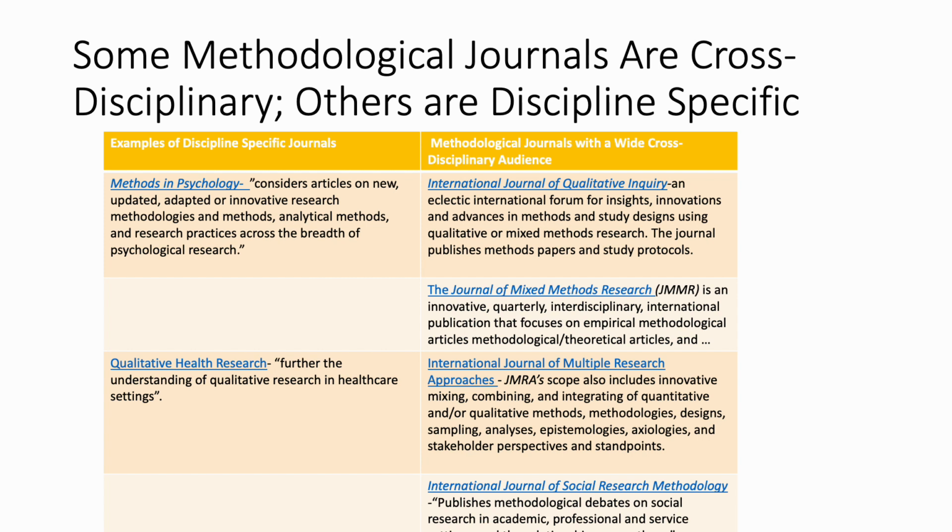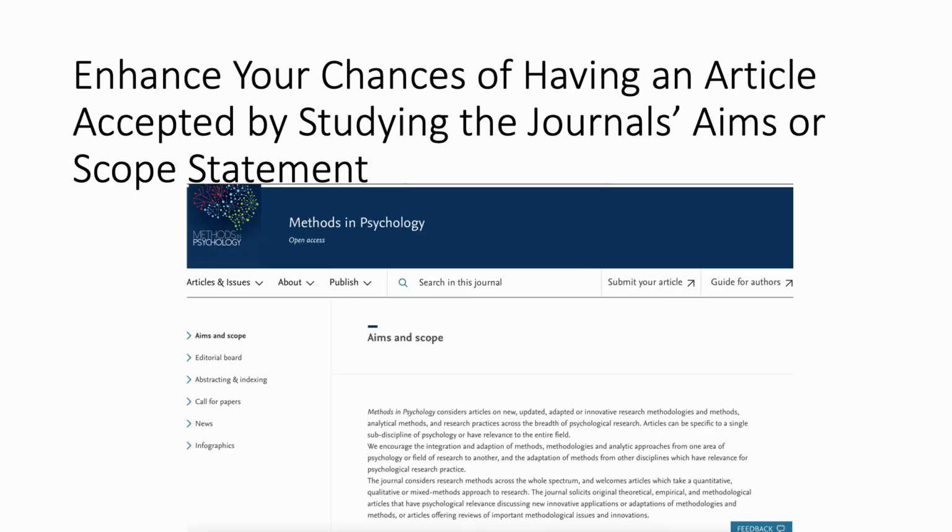The same applies to Qualitative Health Research, Nursing Inquiry. These are all discipline-specific journals that want the content of the discipline to be reflected in the article and in the reference list, by the way. The ones on the right are more inclusive of a broad range of disciplines.